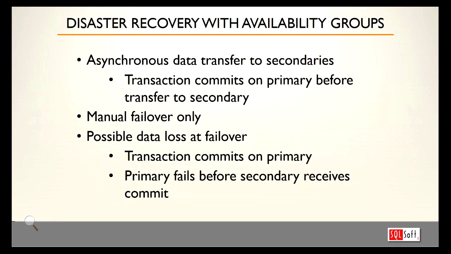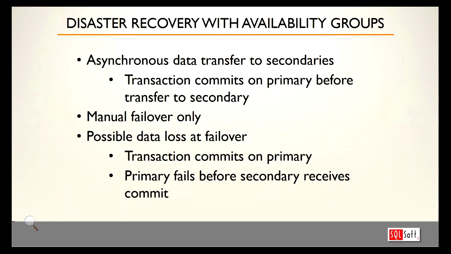Let's say that we have a transaction that commits on the primary replica, and it is committed in the transaction log, but before that transaction log commit record can be written out to a secondary, the primary goes down. The DBA sees that and commences the failover, because this is a manual failover situation only with asynchronous writes.